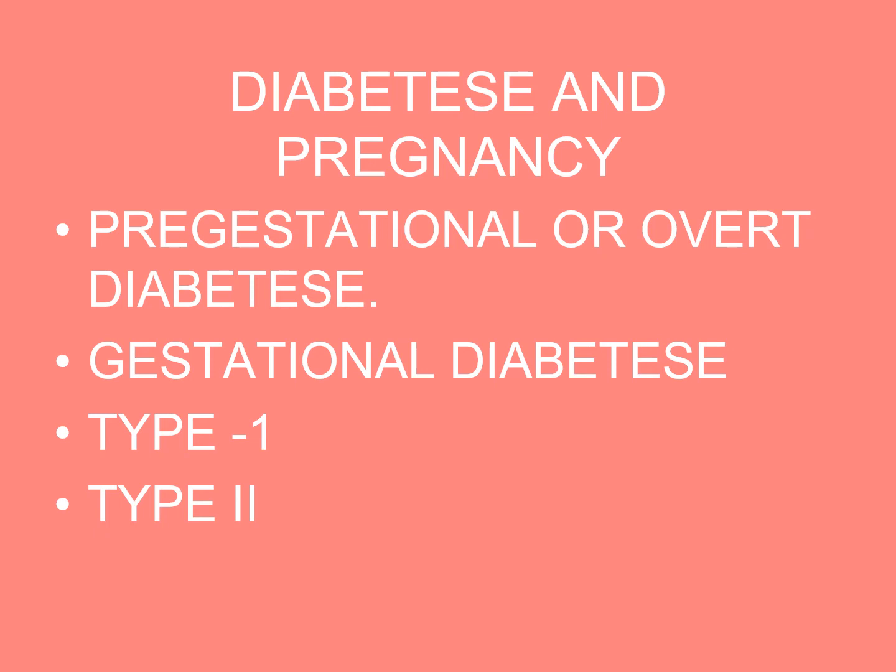Pre-gestational or overt diabetes, what is meant by that? That an already known diabetic mother becomes pregnant, that is the pre-gestational, and it is divided into type 1 and type 2 again, and this is the impaired. And remember that in pregnancy there is almost some sort of impaired glucose tolerance.